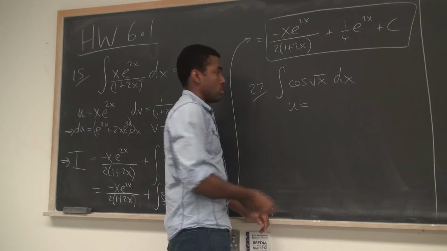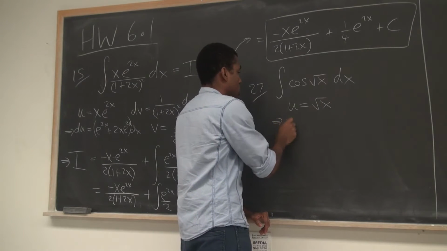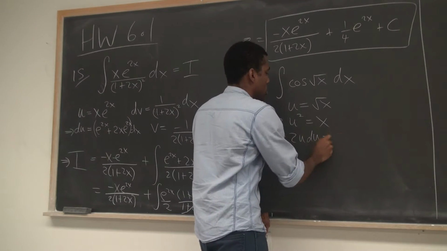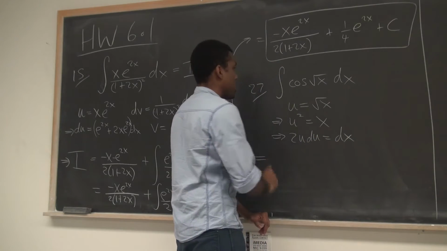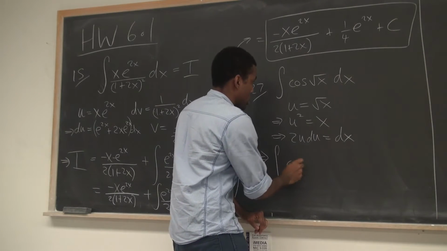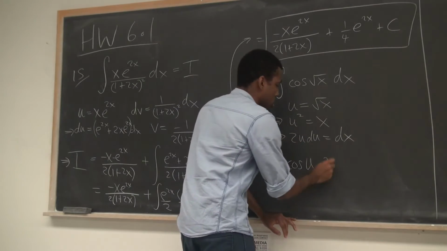U is radical x, and u squared is x, which means 2u du is equal to dx, which means this integral becomes cosine of u times, instead of dx, I now have 2u du.